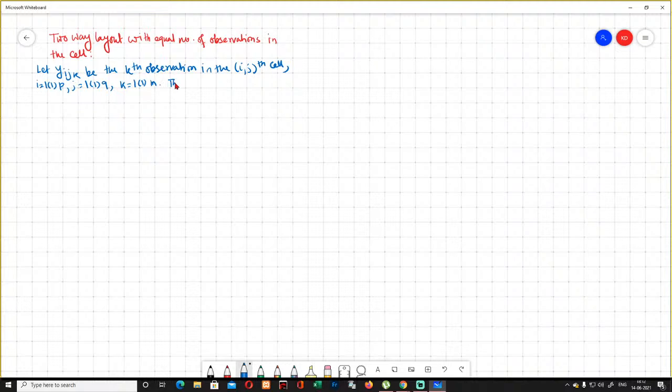The model appropriate for this type of data is the fixed effect model.